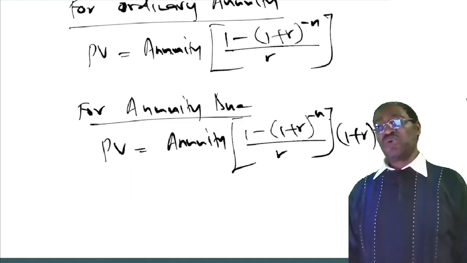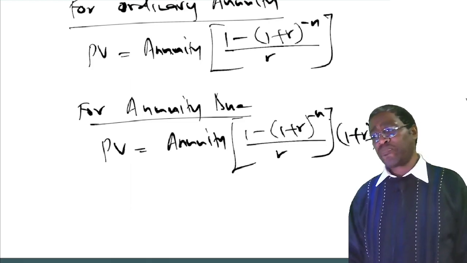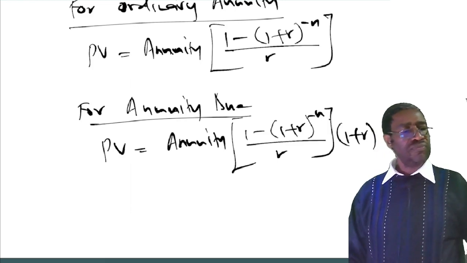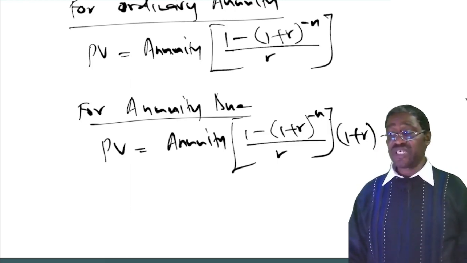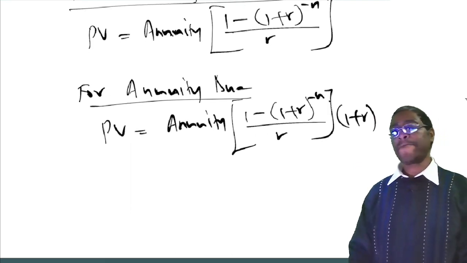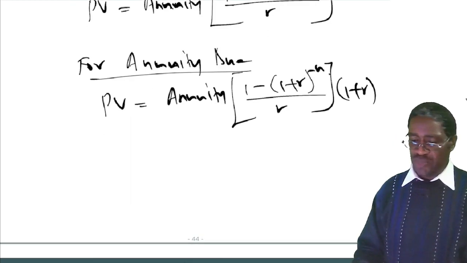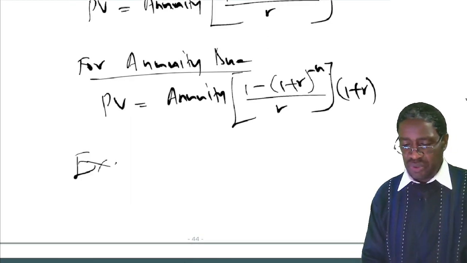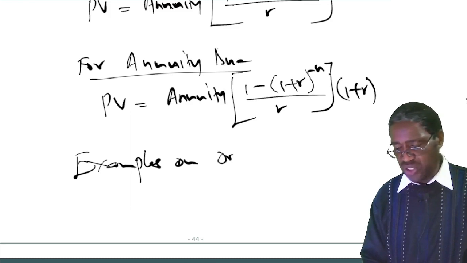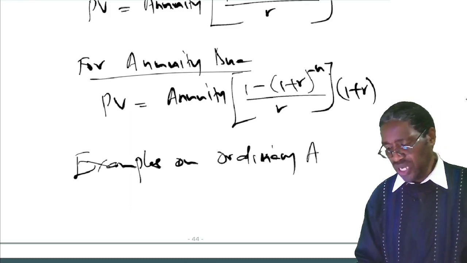Okay? So we want to do a few examples now. Let me dictate a few examples. You can put a subheading there: Examples on ordinary annuity. Let's start with ordinary annuity.